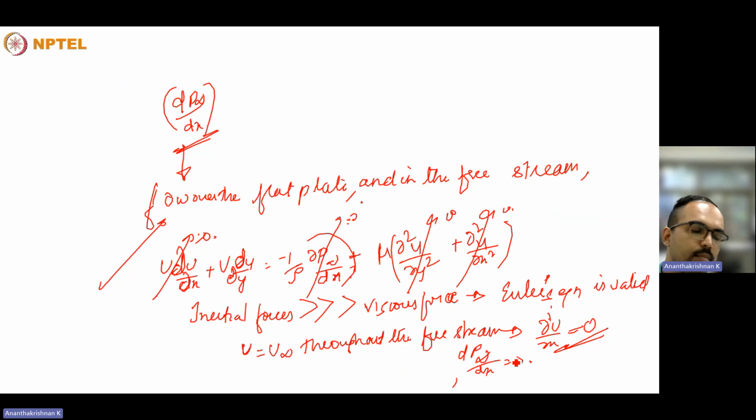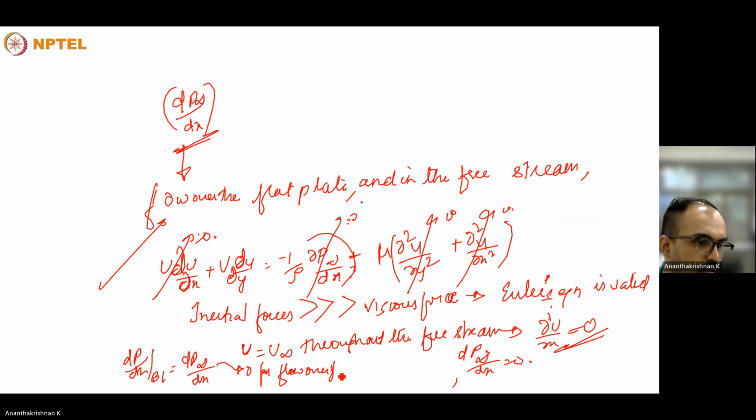Since ∂P/∂X within the boundary layer is equal to ∂P∞/∂X, and since this term is equal to zero for the flow over a flat plate, for this particular subsection of the real flow or external flow over the surface, we can say that ∂P/∂X for the boundary layer will be equal to zero.